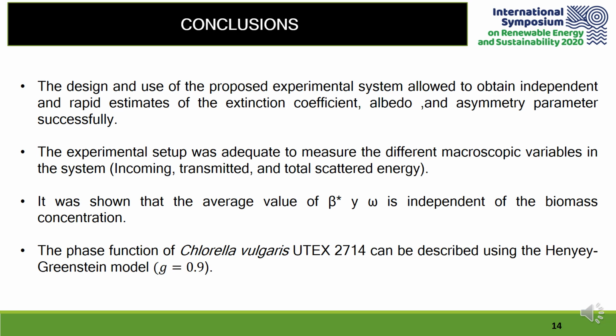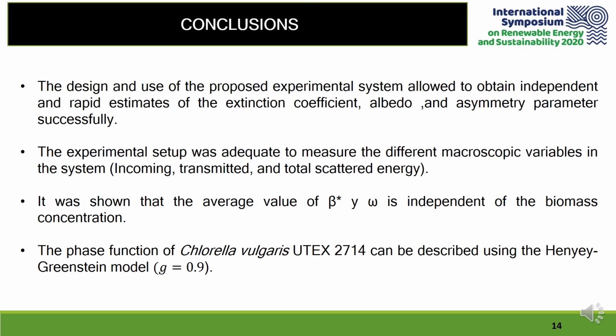The conclusions obtained in this project are the following. Number 1. The design and use of the proposed experimental systems allow obtaining independent and rapid estimates of the extinction coefficient, albedo, and asymmetry parameter successfully. Number 2. The experimental setup was adequate to measure the different macroscopic variables in the system: incoming, transmitted, and total scattered energy.